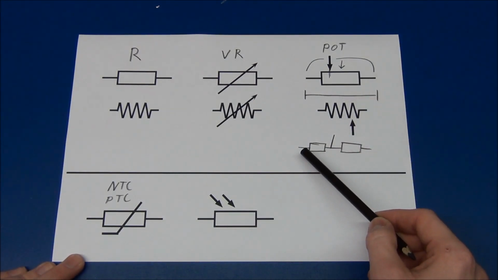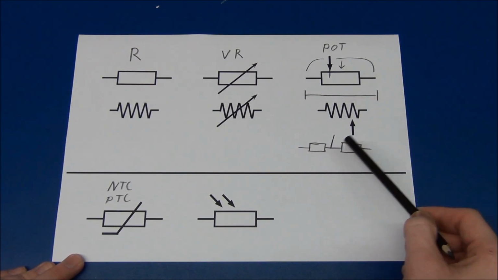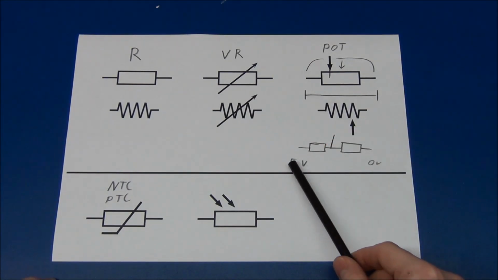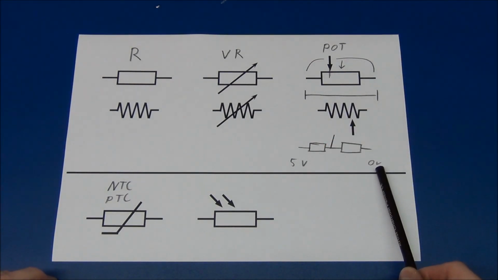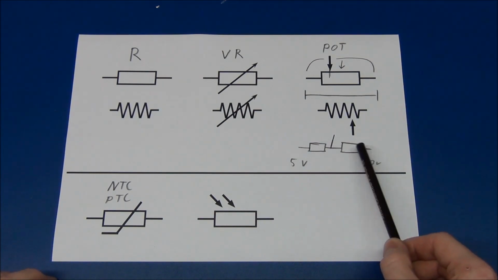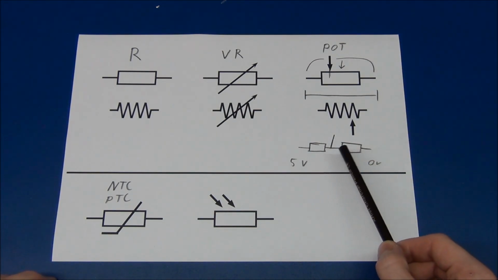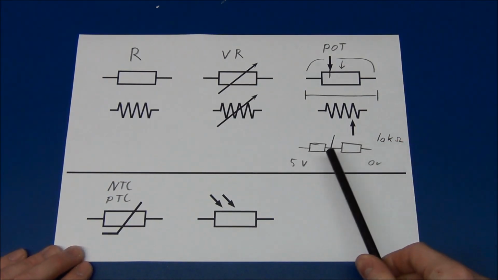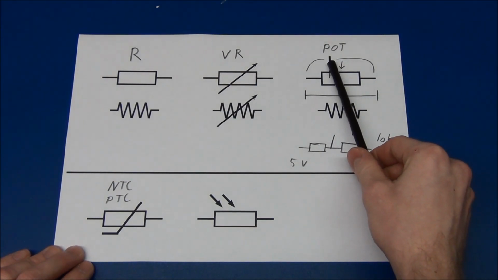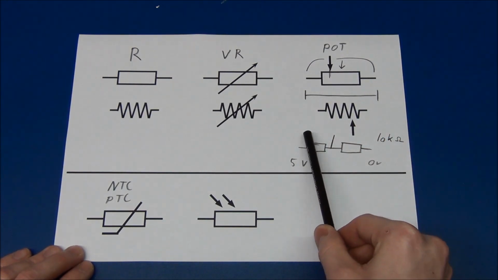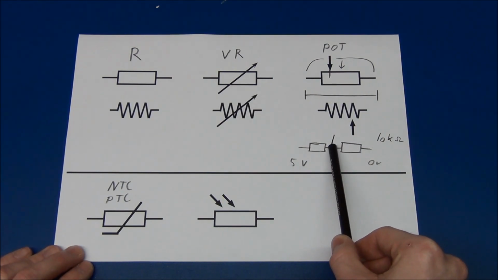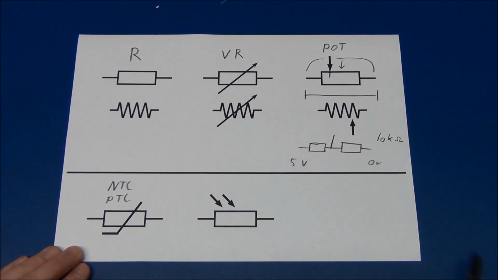So we can actually make an adjustable voltage drop, or a voltage divider. Meaning that if we put 5 volts here and 0 volts here, and these resistors are high enough value, let's say 10 kilo ohms in total, then if we turn the pot all the way to this side, we'll have 5 volts at this node, and if we turn it all the way to this side, we'll have 0 volts at this node. And in the middle, we'll have 2.5, and so on.